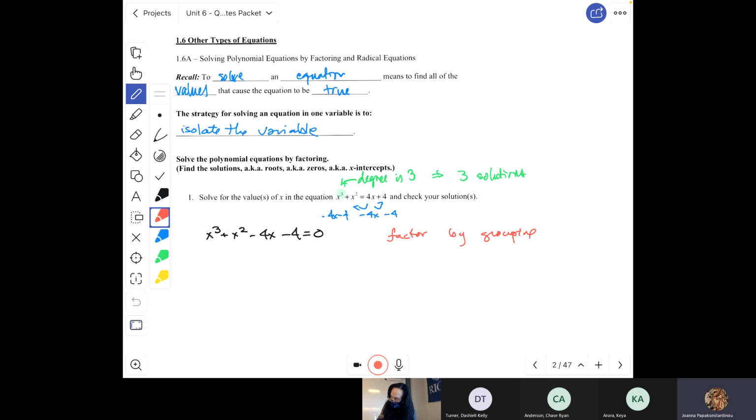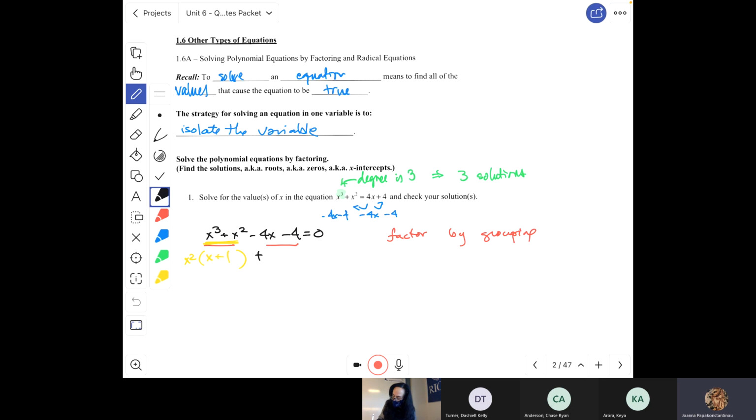That means I'm going to look at the first 2 terms and then the second 2 terms, and I'm going to try to find the greatest common factor from each of those sets. So if I look at the first 2, what would the greatest common factor be for that? X squared. So if I factor out an x squared, what's left over when I divide each of those terms by x squared? X plus 1.